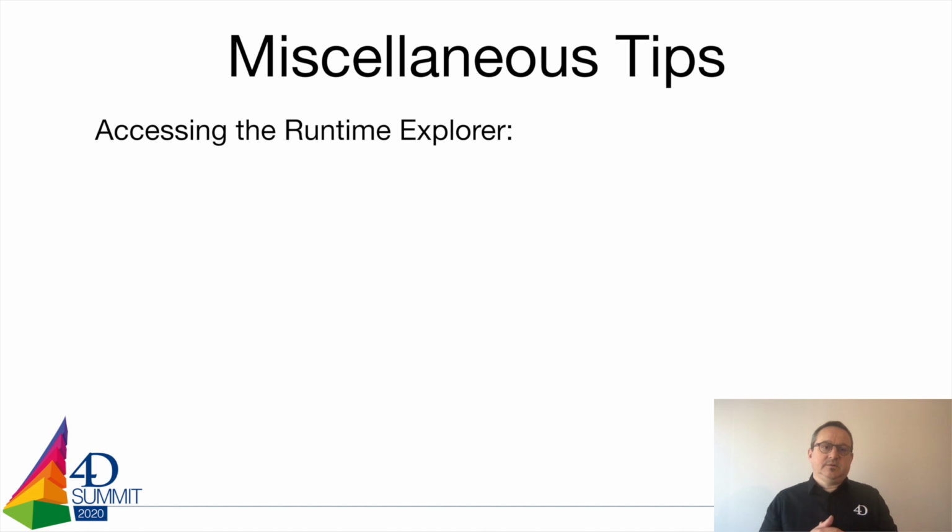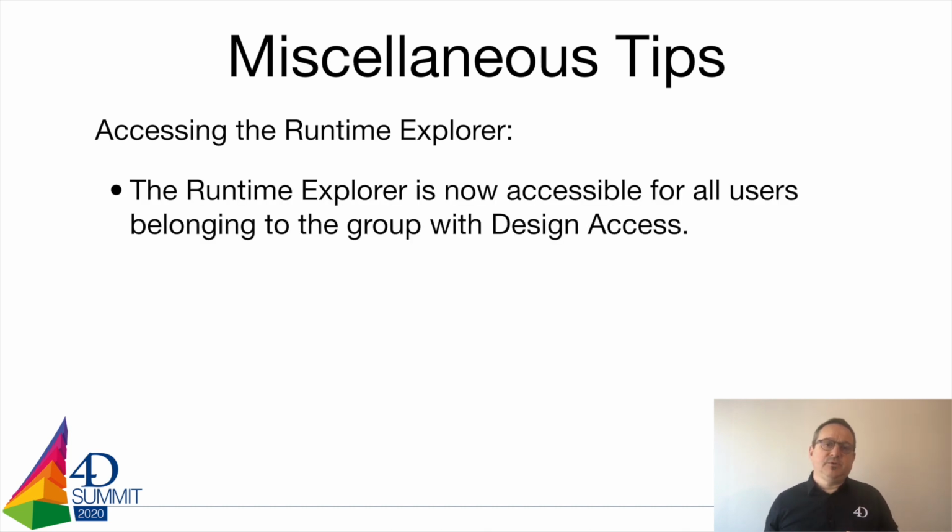The second is the runtime explorer. Sometimes you may want to access some information on your deployed applications, and you may want to see processes, the logs, some information that are placed in the runtime explorer. And if you use the users and groups settings in your application, only the designer had access to Runtime Explorer.